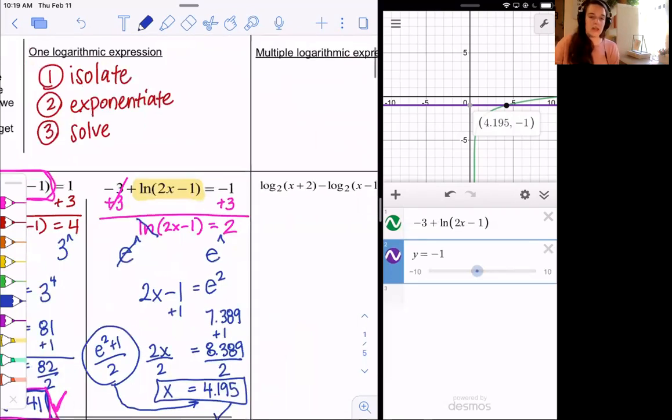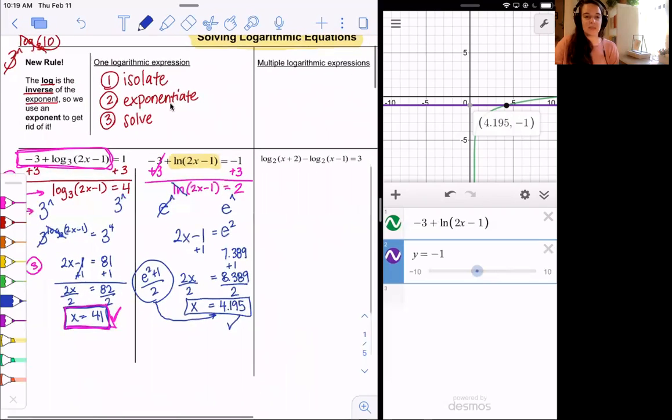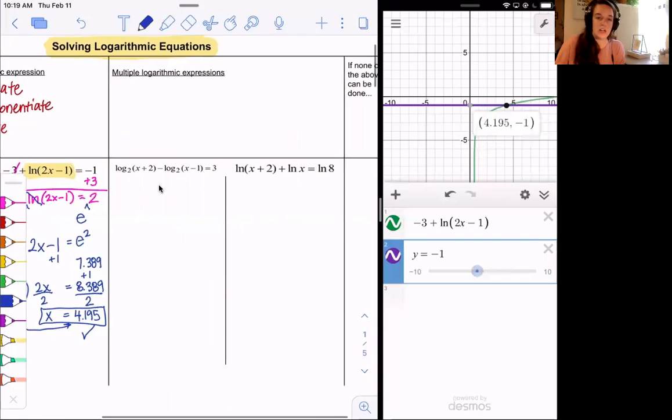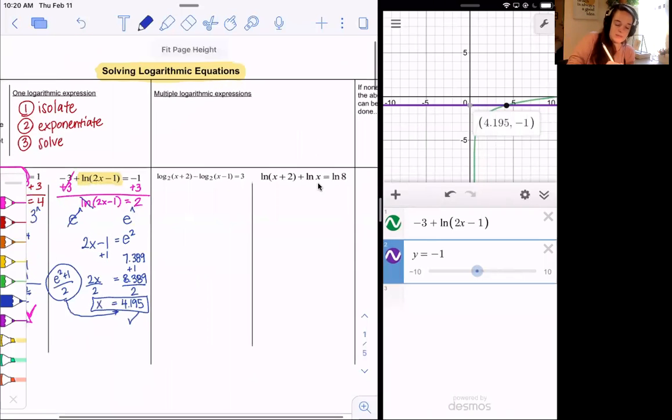Okay, so we have our isolating, exponentiating, and solving, right? And there is a next level, which is when there are multiple logarithms in the problem. It's not going to change our steps very much. Just the first step is going to change into combine logs.